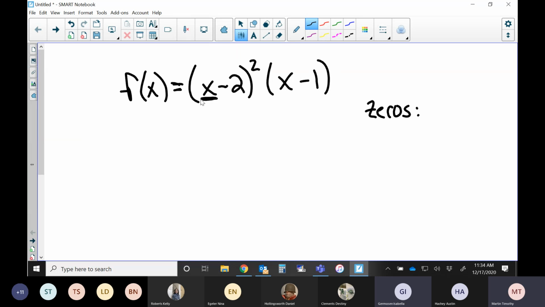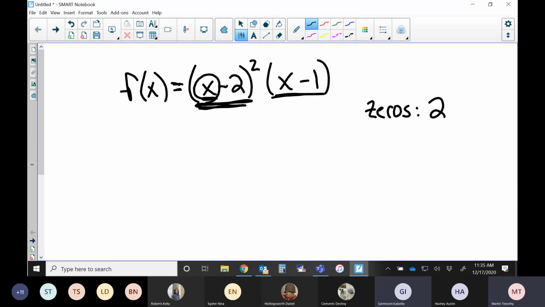Or what's 1 minus 2? That'd be -1. What number would I put in here that would make this turn to a 0? Minus 2. Two. Yes, 2. So 2 is my first one.